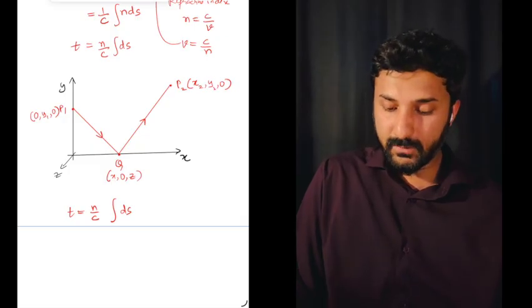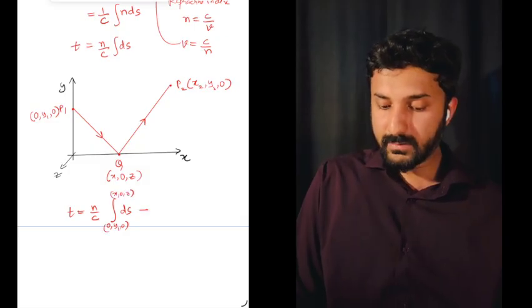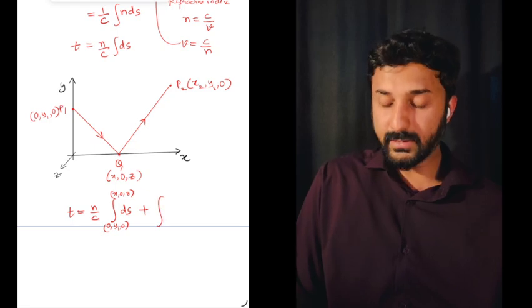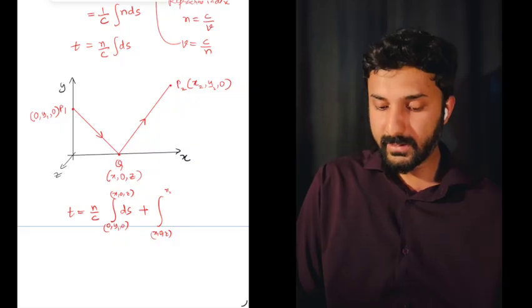So we are going from 0, y1, 0 to x, 0, z, and there's the second part, the reflected light, which is going from x, 0, z all the way till x2, y2, 0.